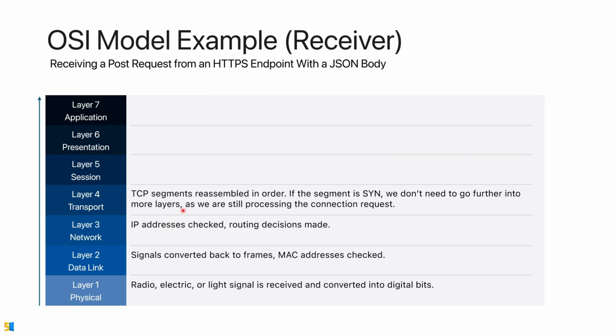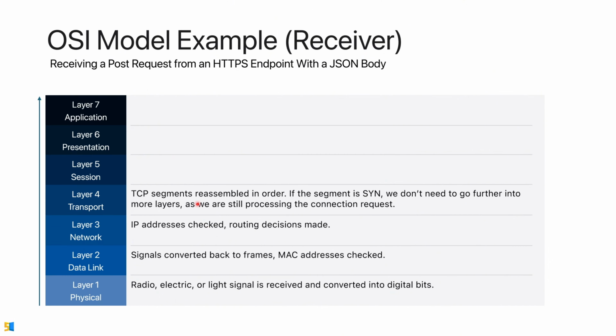And then in the transport layer, the TCP segments are reassembled in order. In the case of a SYN request, we actually don't need to go further into the upper layers because we are still processing the connection request. Therefore, it will go back through layers 3 to 1 and send the response back to the sender.